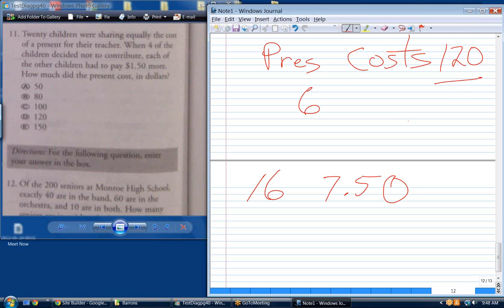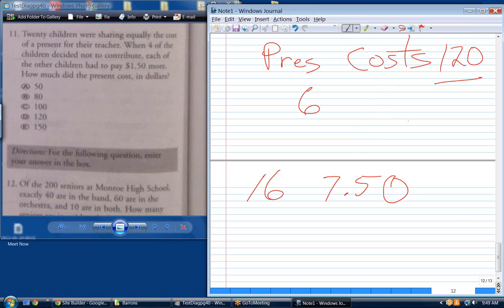Yes, it works. Okay, so that's our answer. And by this point, if 120 wasn't correct, we would definitely know whether we needed more or less.